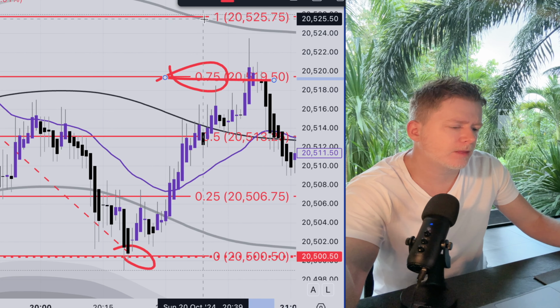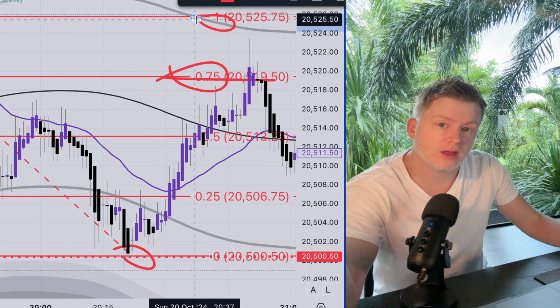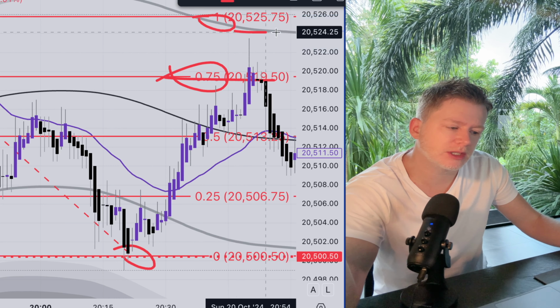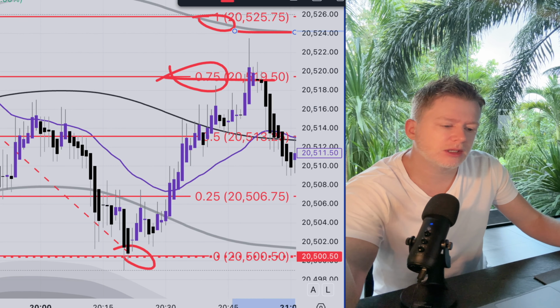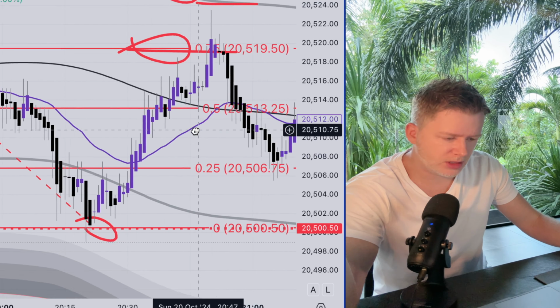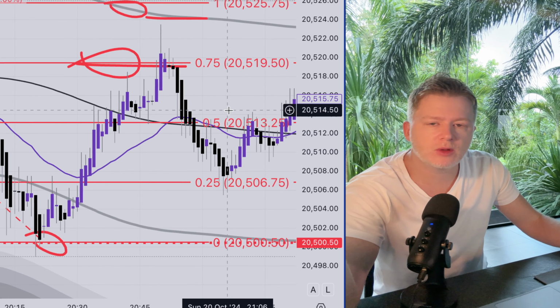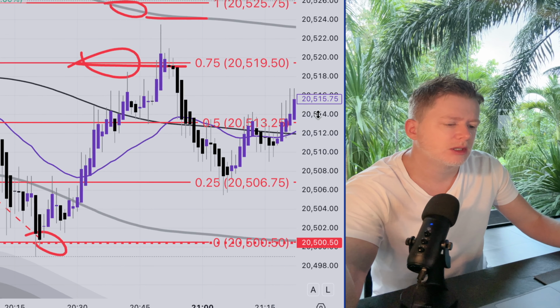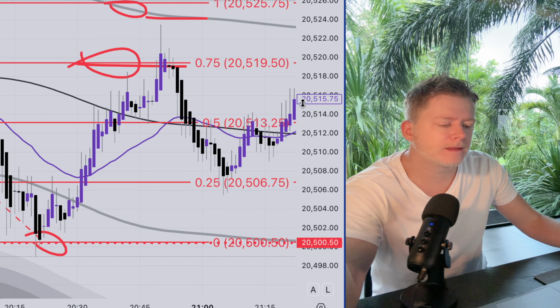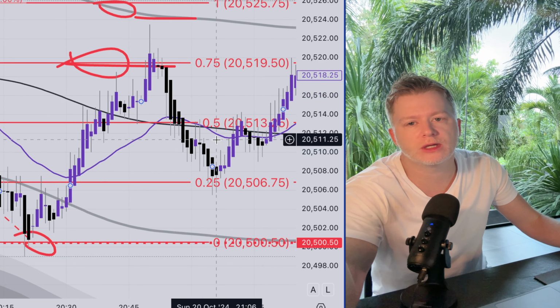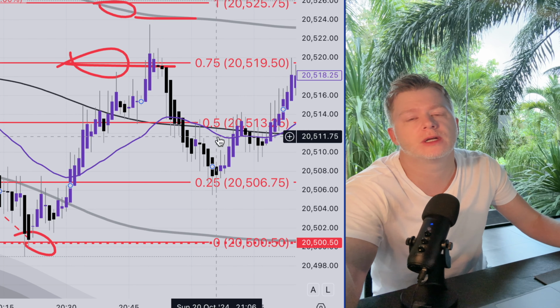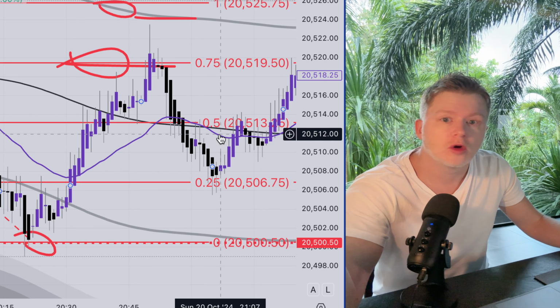TP3, 100% retracement level, did not get hit. It came close, but it didn't get hit. So basically, this would have been a winner because TP1 hit, TP2 hit, TP3 did not, so you would have moved your stop to break even to make sure that a positive trade doesn't turn negative.